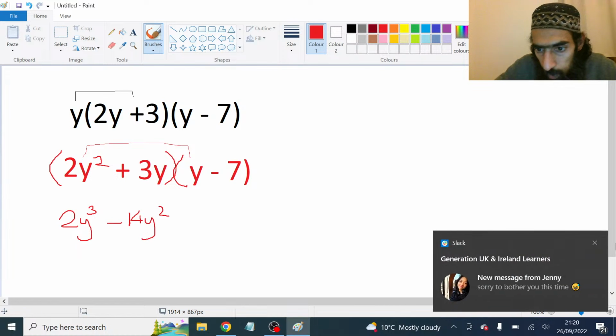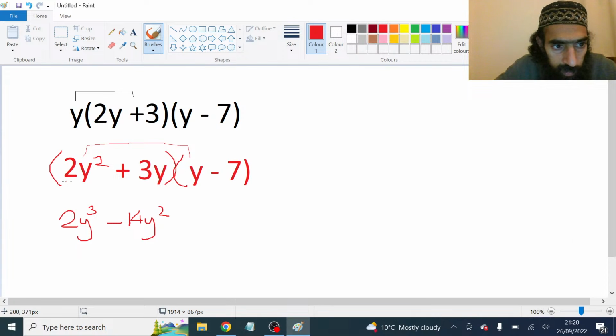If you want, we can tick it off at this point just to make sure that we don't repeat that. So now the focus is 3y. 3y times the y, that would be plus 3y squared. And then finish off 3y times the minus 7, that's minus 21y.